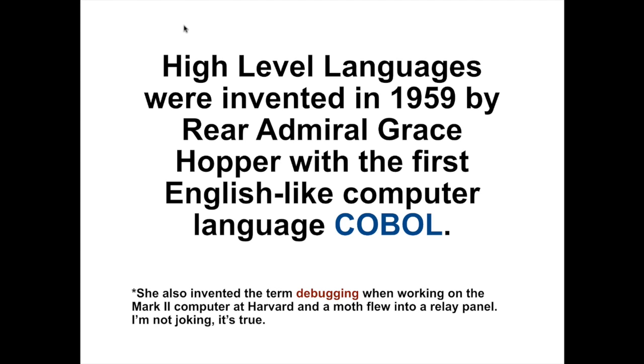And she created a language called COBOL. Now, Fortran existed before COBOL, but it didn't use English-like words and a sort of English-like structure to language. COBOL was sort of the first language to have a higher level syntax, something that would sound like a normal language.